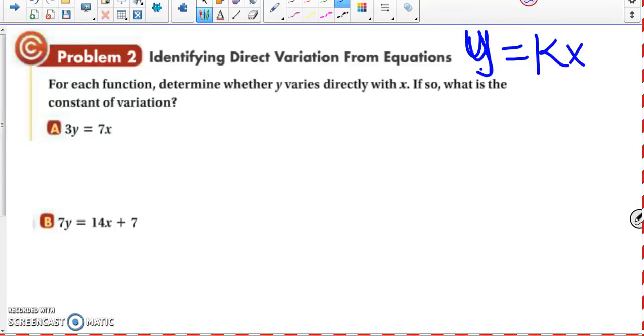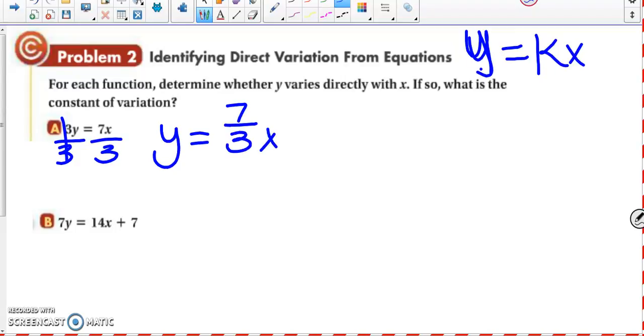And we want to see if we can make our equations in that form. So I'm going to solve for y. Divide by 3. y is equal to 7/3 x. Since this is in the form y is equal to kx, this does vary directly, and k, or constant of variation, is equal to 7/3.